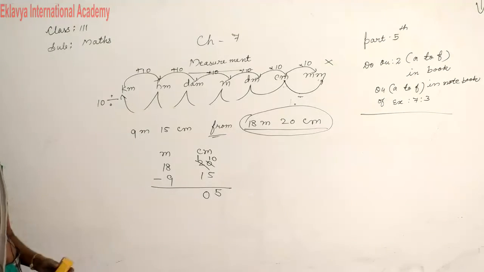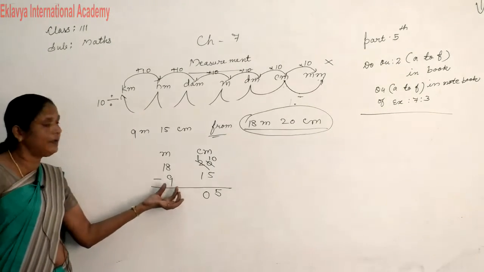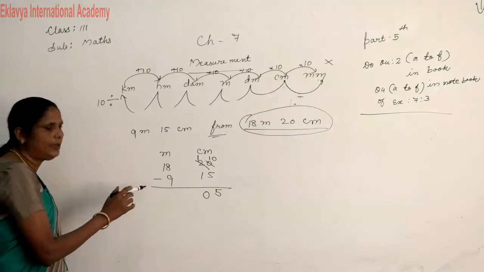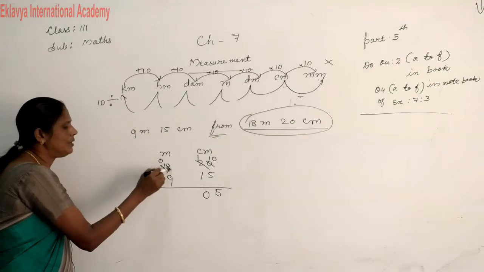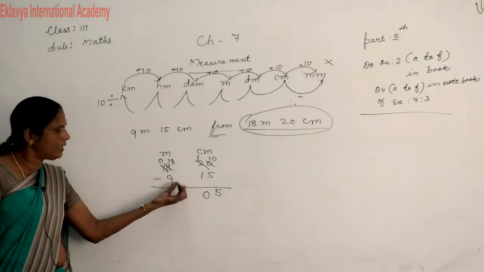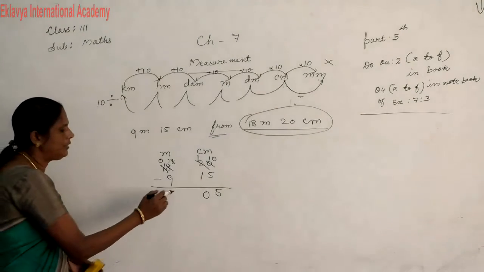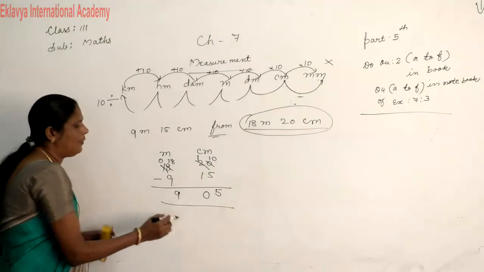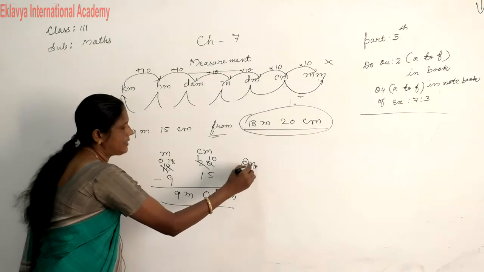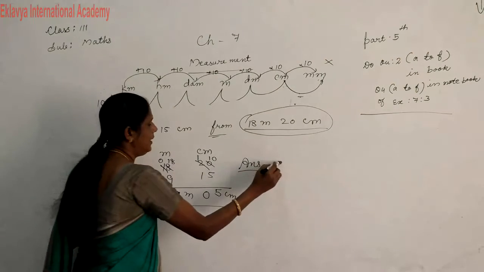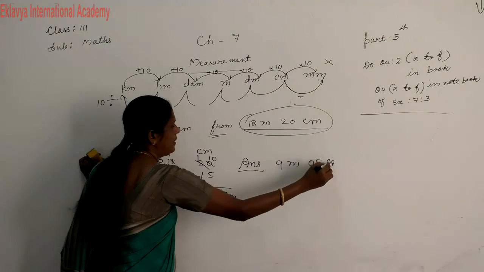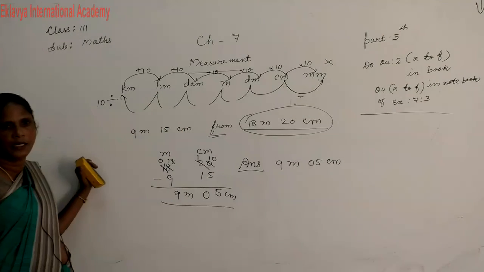Now here, 9 take away from 8, is this possible? No. You take a borrow. This cut 0, this becomes 18. Now 9 take away from 18, you get 9. What is our answer? 9 meter 5 centimeter. Understand?